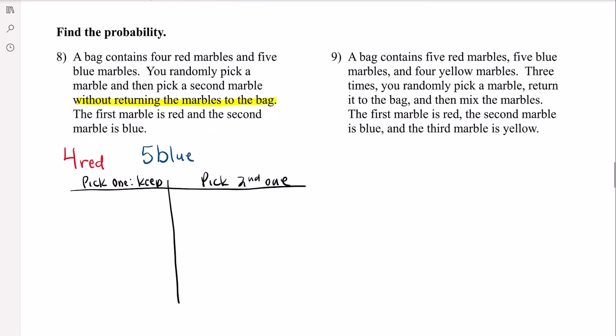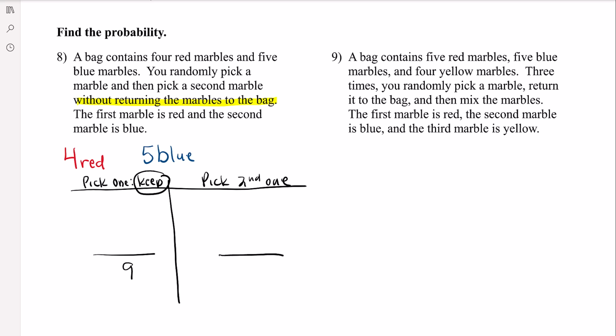All right. A bag contains, this time I'm not even drawing the diagram, 4 red marbles, 5 blue marbles. So we know that there's a total of 9. And you randomly pick a marble and then pick a second marble. Well, since you're keeping one of the marbles, now we only have 8 marbles.